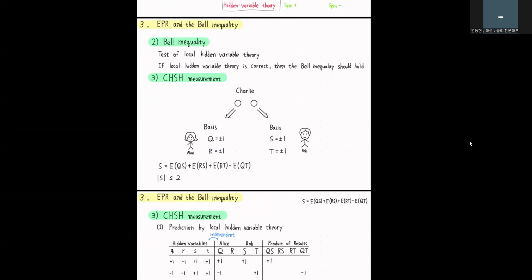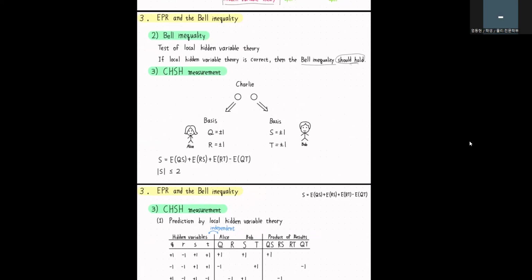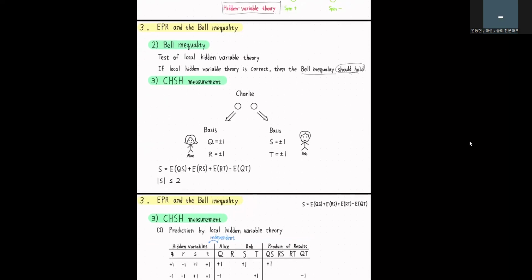Bell's inequality is basically a test of the local hidden variable theory. If the local hidden variable theory is correct, then the Bell inequality should hold. And if it is violated, as we will see is indeed the case later on, quantum mechanics is further supported since hidden variable theory is ruled out.